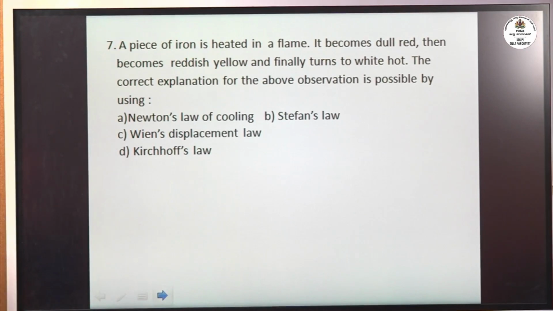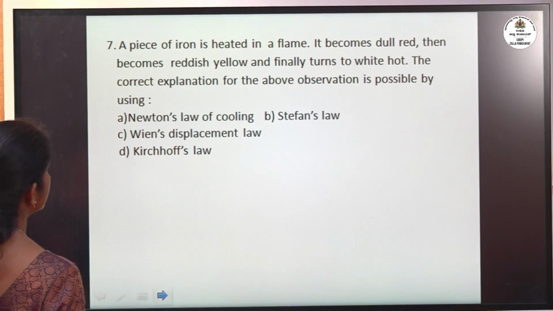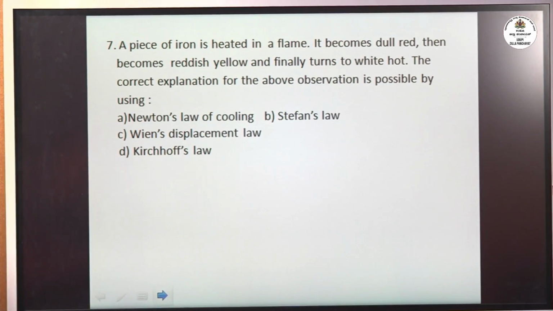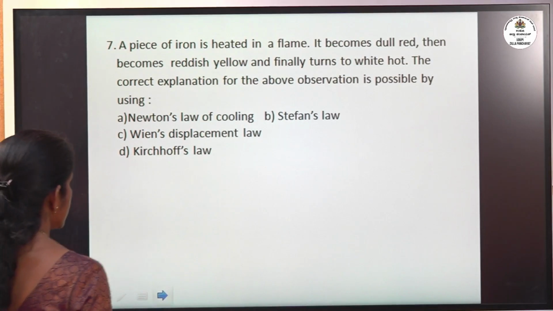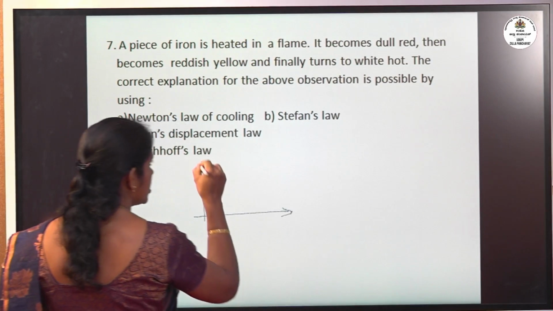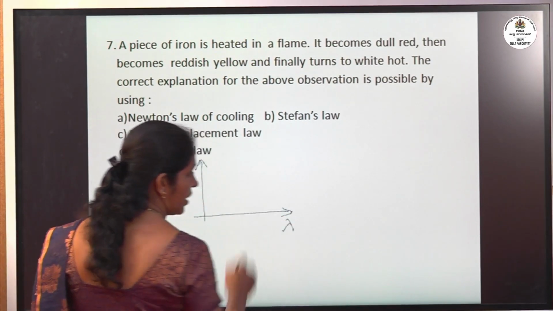A piece of iron is heated in a flame. It becomes dull red, then reddish yellow, and finally turns white hot. What is the correct explanation of this observation? Just now we have discussed black body radiation, the energy emitted versus wavelength.